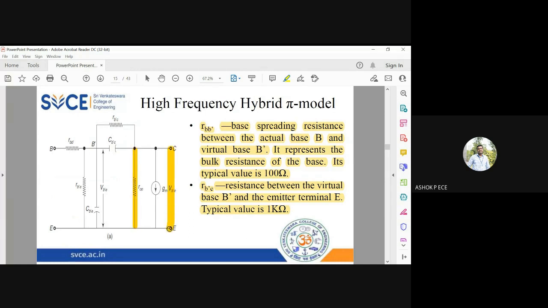What is the effect of RCE parallel to a short circuit?